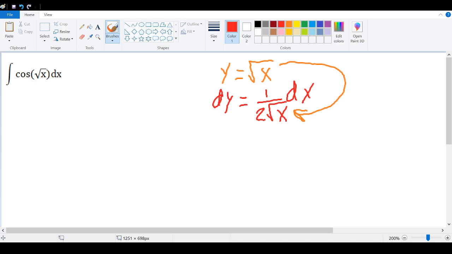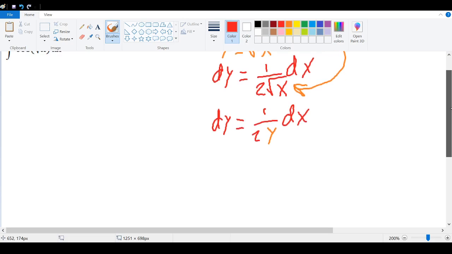So let me just show you what I mean. Here we have dy is equal to 1 over 2, but then the y is equal to root x. So this is just a y, and then there's a dx. All right. And now I'm just going to solve for dx.